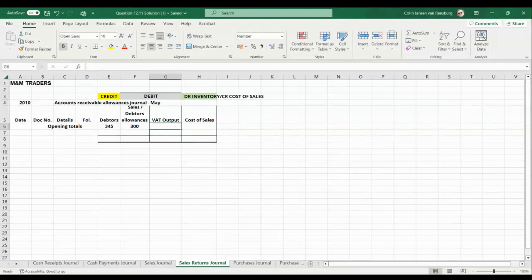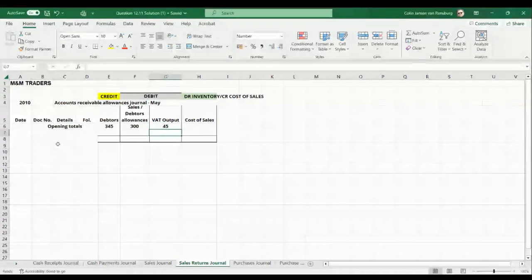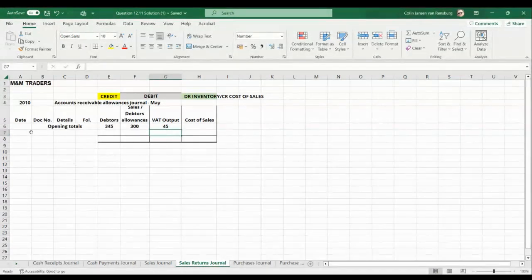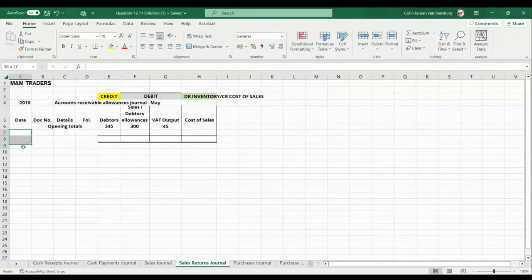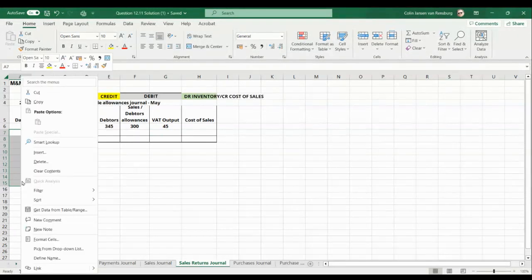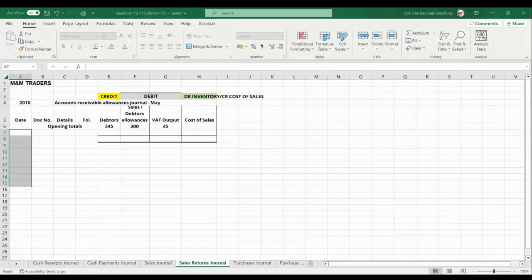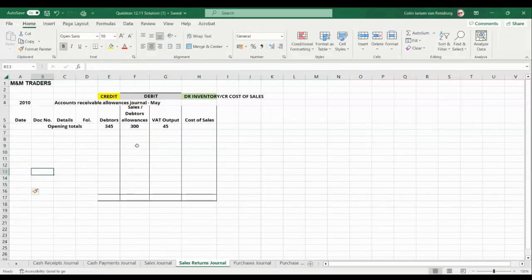Then when it comes to the VAT output, 45 Rand. Okay, so we've got the opening totals again there. Let me just say insert. Because I created all these little entries yesterday evening, I haven't quite properly formatted everything.